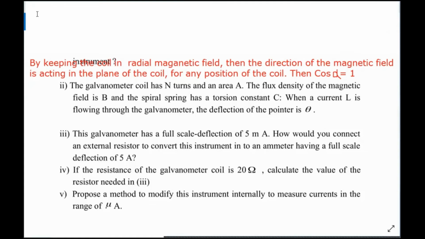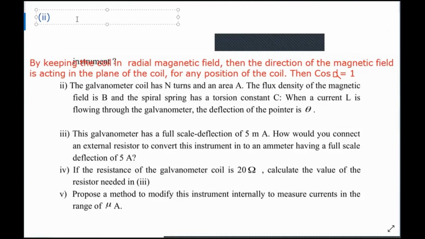For Roman number 2, the coil comes to rest for a certain condition. There are two torques acting on the coil. One torque is given by the current in the coil. The other torque is given by the spring.